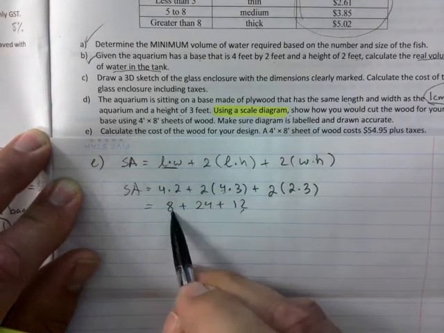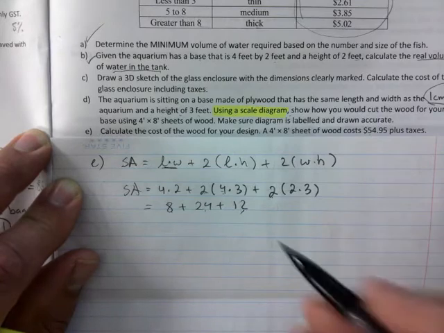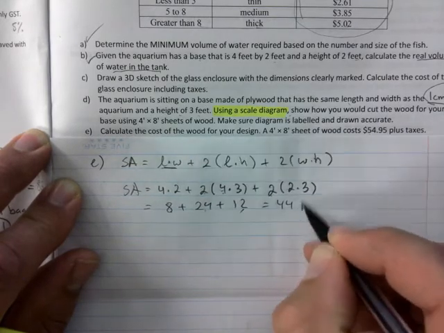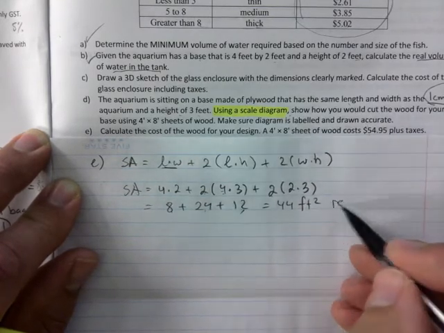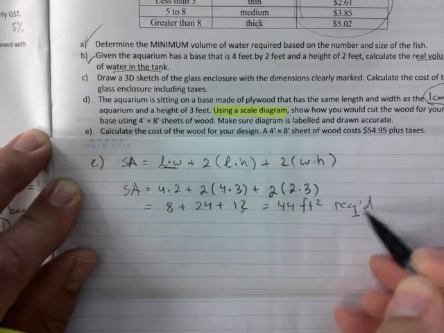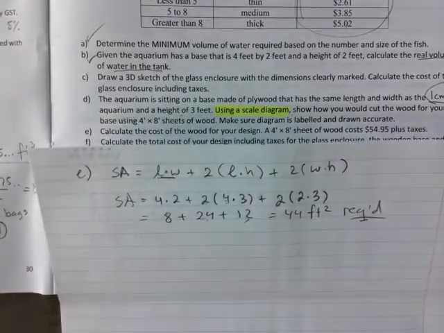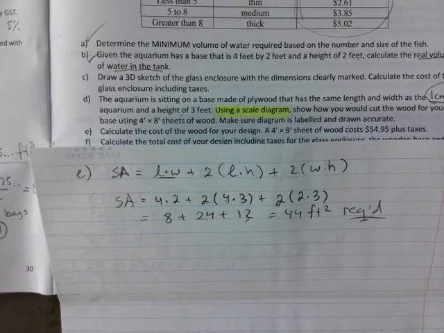So this is 20 plus 24, 44 square feet. Required, right? That's how much wood is required in terms of square footage to get that.